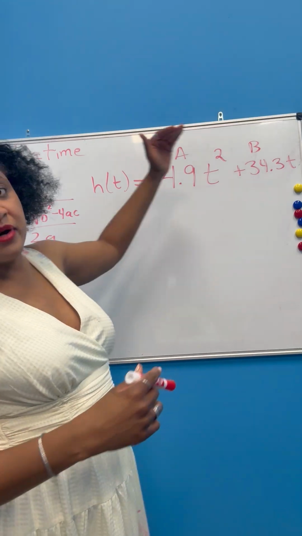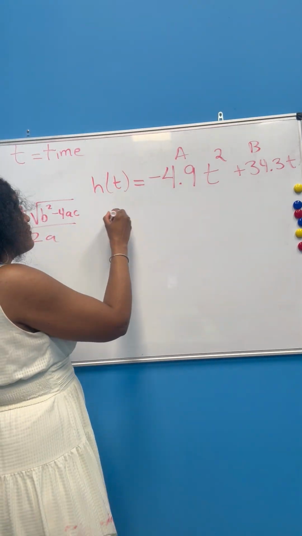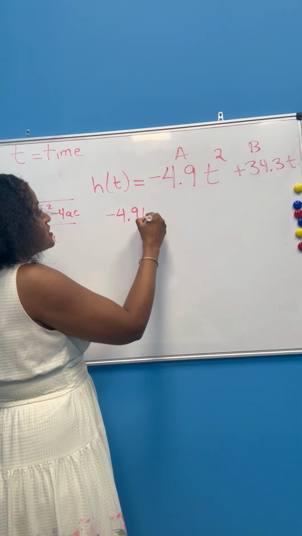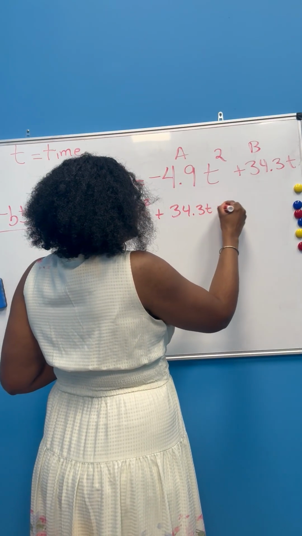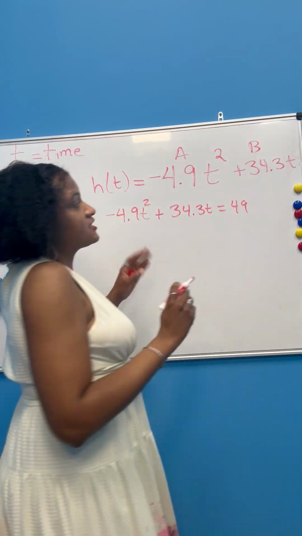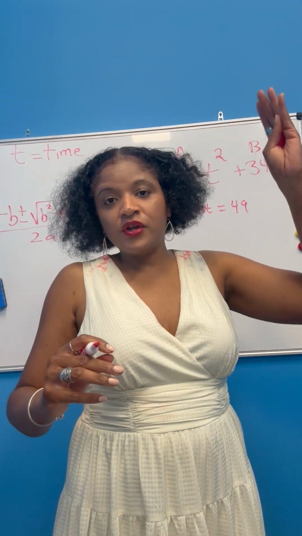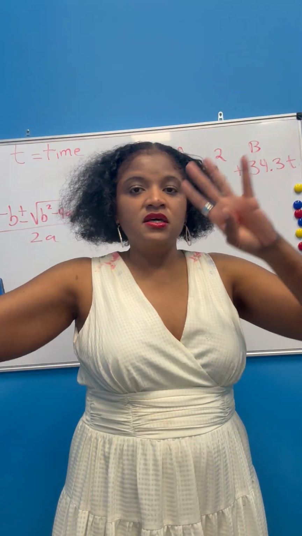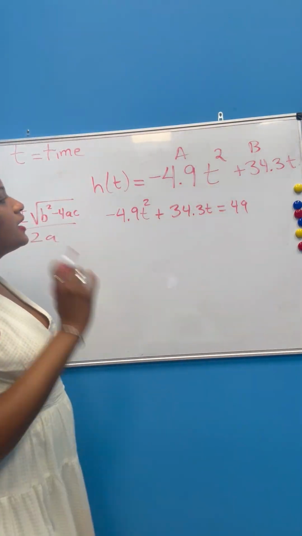Again, you can plug this into your Desmos calculator: negative 4.9t squared plus 34.3t equals 49. Then you can see this is when my parabola is above 49, between this t and this t.